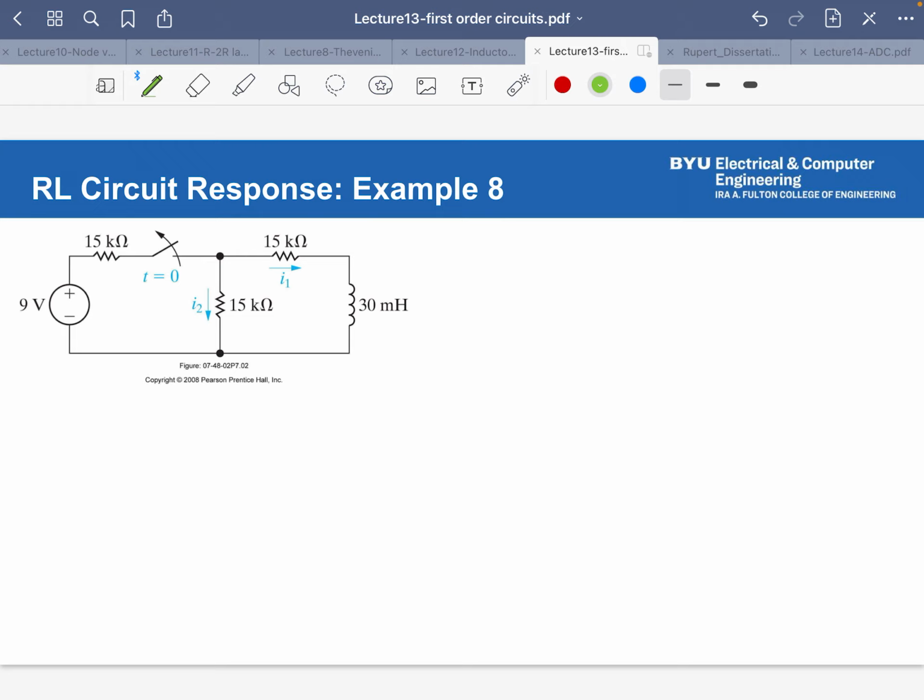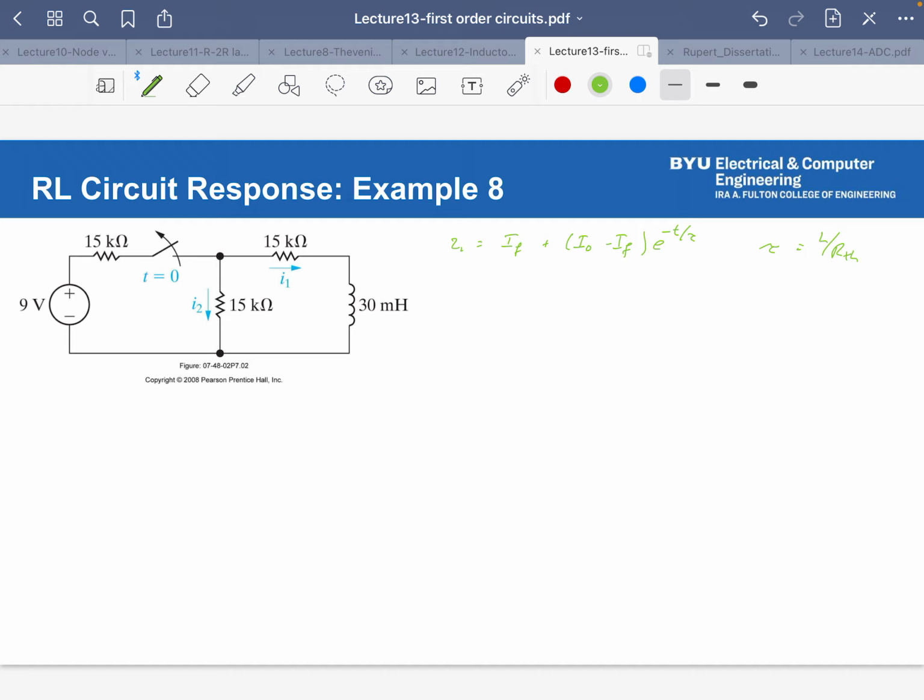Okay, so again, when we want to find the current through the inductor, I1 here is going to be I final plus I initial minus I final, e to the minus t over tau, and tau is going to be L over R Thevenin.